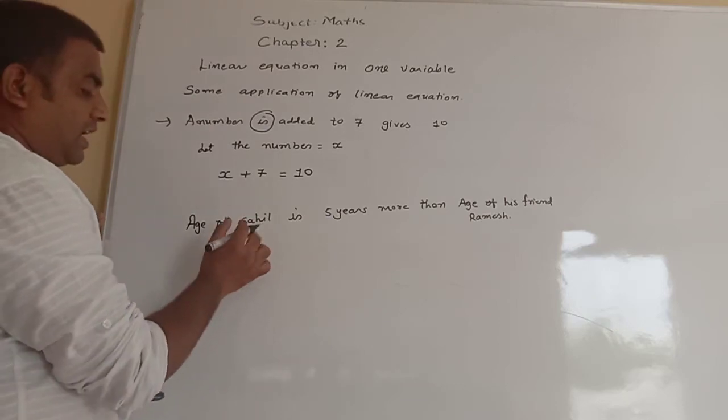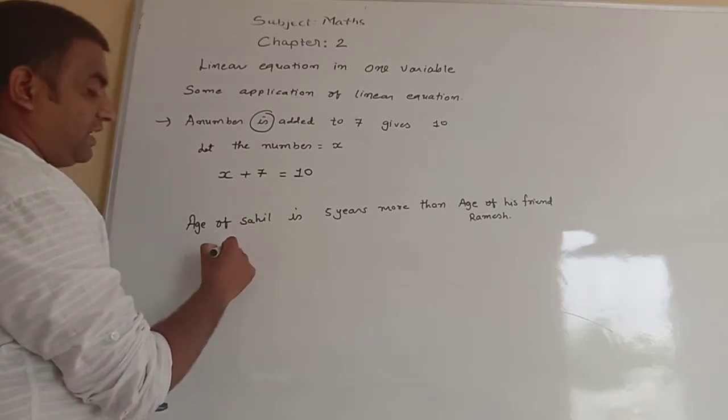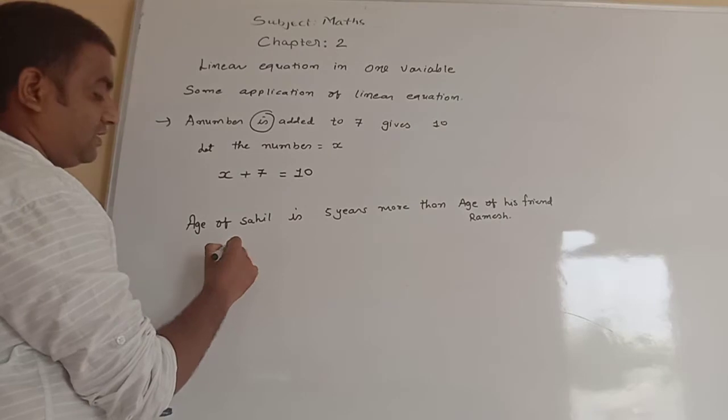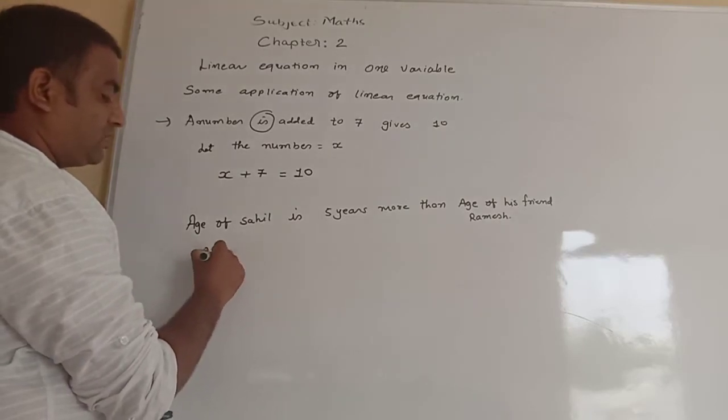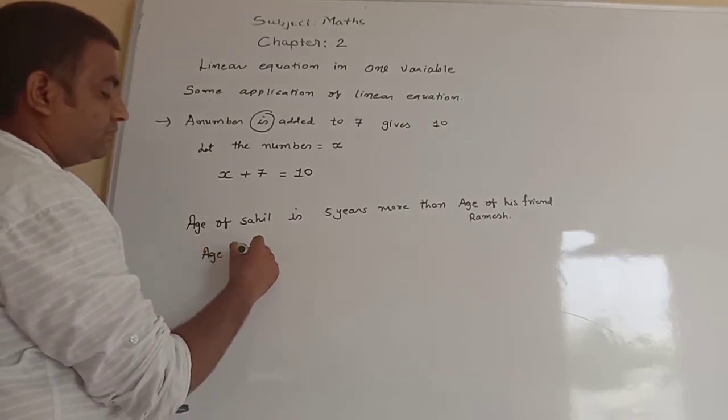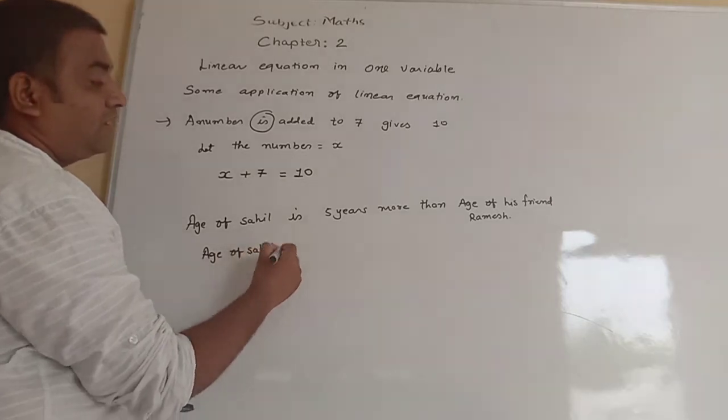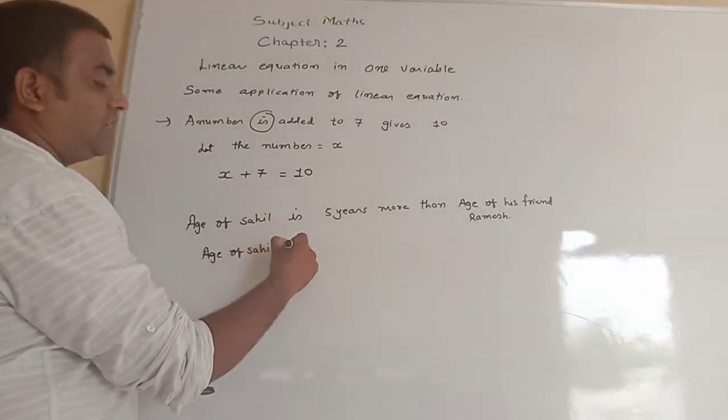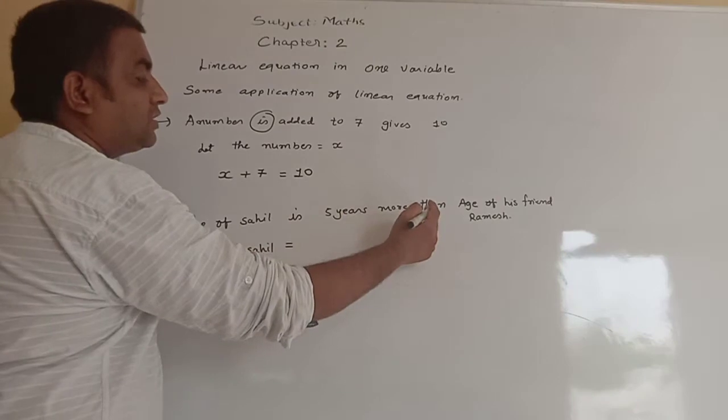So the age of Sahil we take as x, or we can write age of Sahil, 'is' means equals, 5 years more.